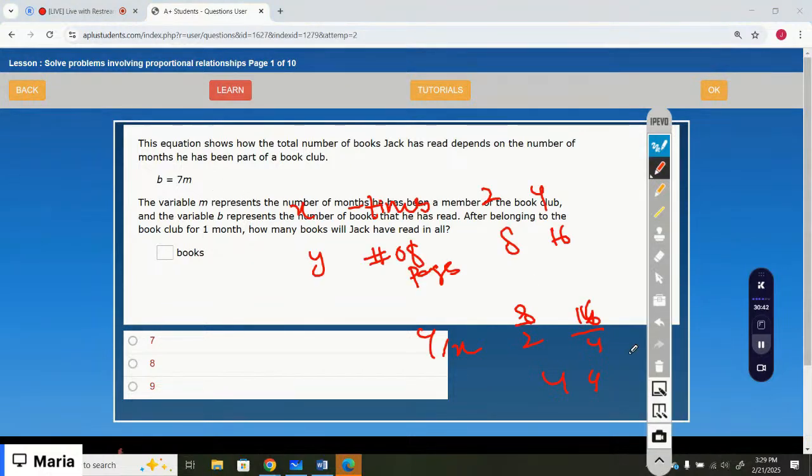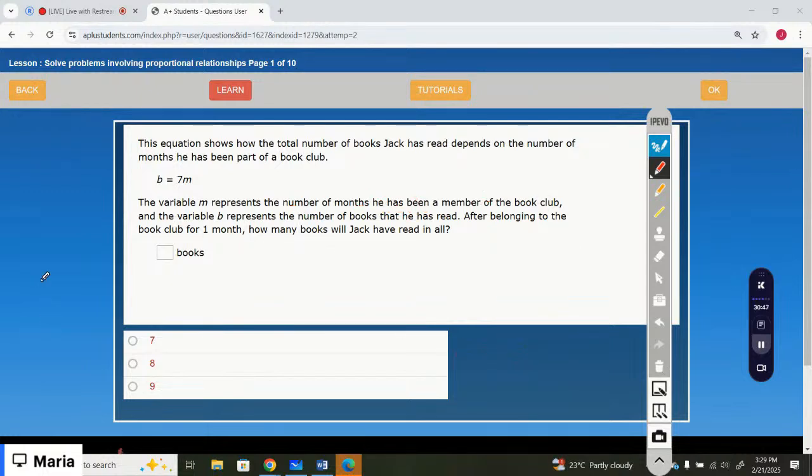The equation shows how the total number of books Jack has read depends on the number of months he has been part of a book club. So that is B equals 7M.